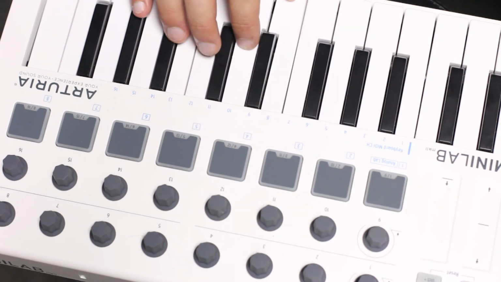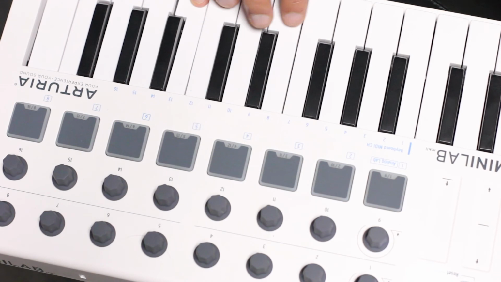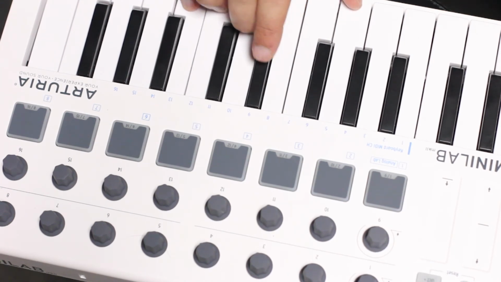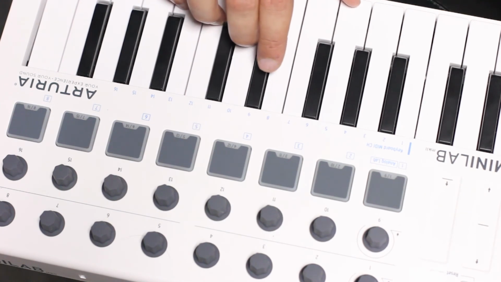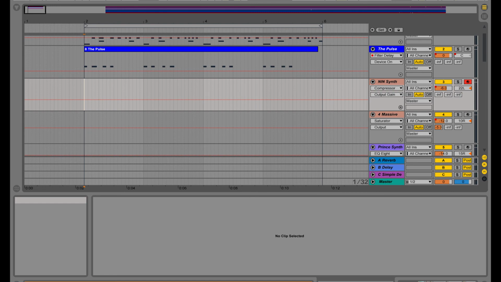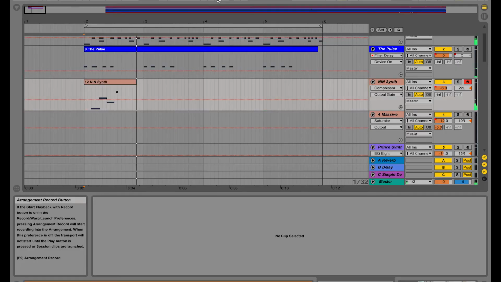However, after that first part, I sneak that minor 3rd in there. So we're alternating between major-ish and minor. So let me go ahead and perform that. Here we are. Oh, yeah.